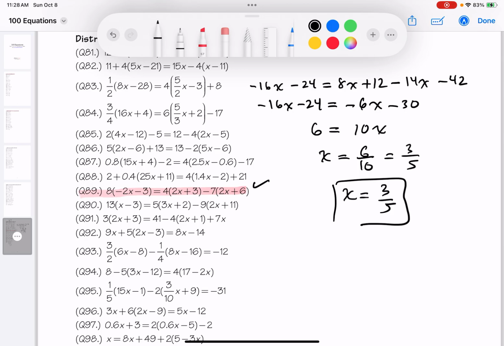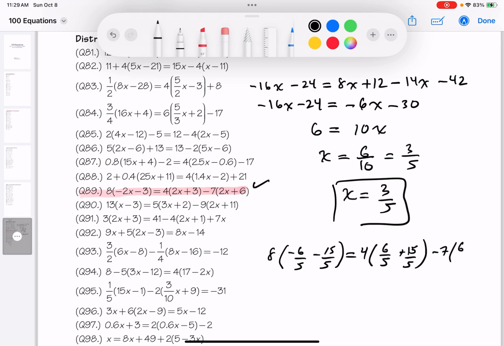What do you get over here? 8 minus 2 times minus 6/5. And then minus 3, which is minus 15/5, equals 4. What do you get there? 6/5. And then 3 would be 15/5. And then you get minus 7.